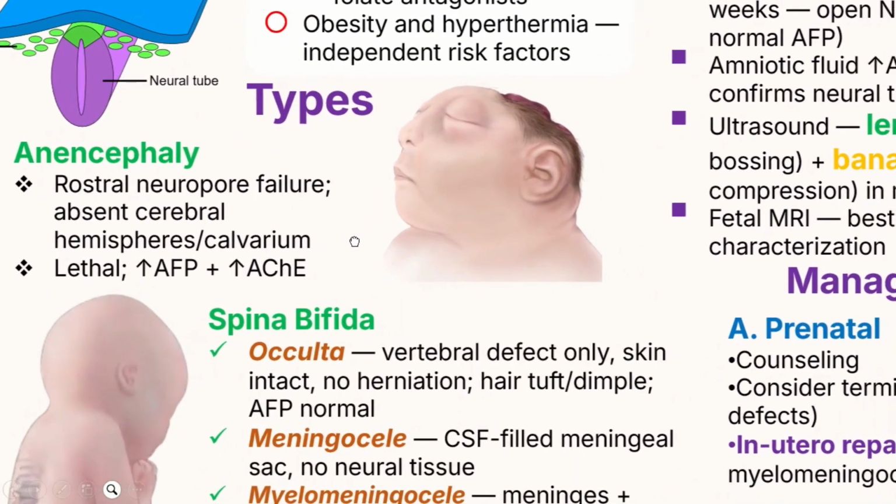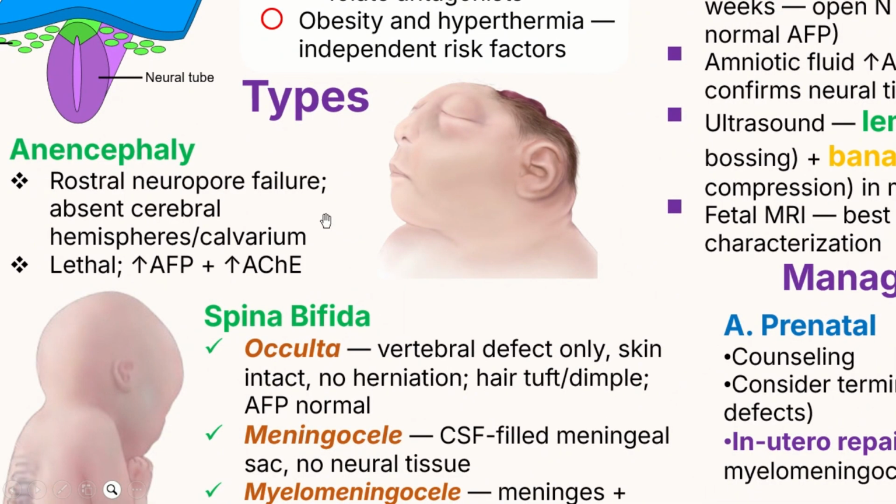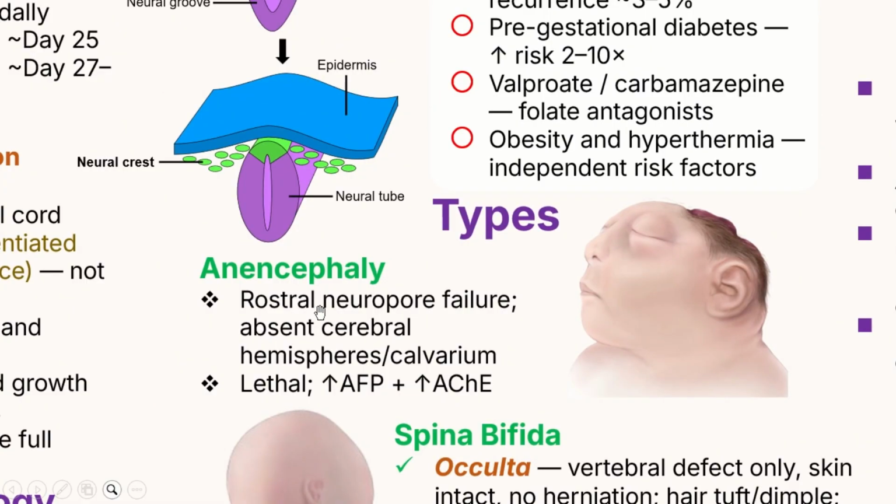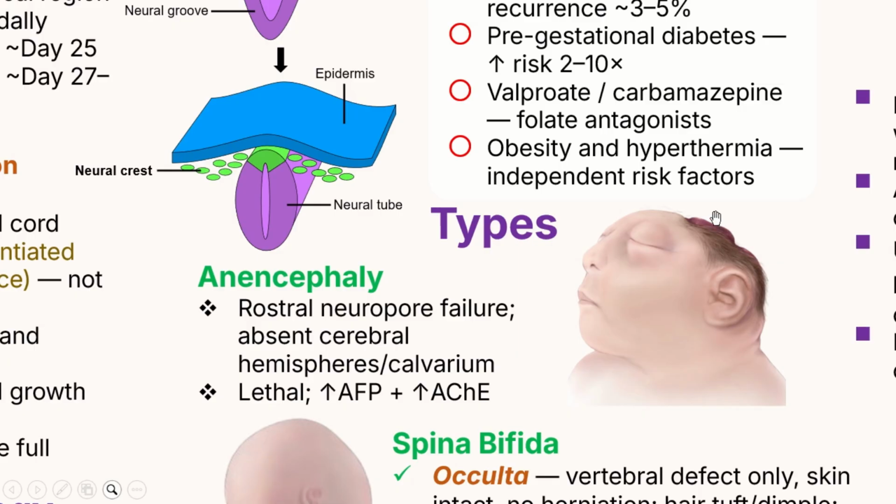So when you look at the types of neural defects, we have anencephaly. Anencephaly is going to be because of rostral neuropore failure, and it means as the neural tube was zipping up, it reached somewhere up here and did not close.